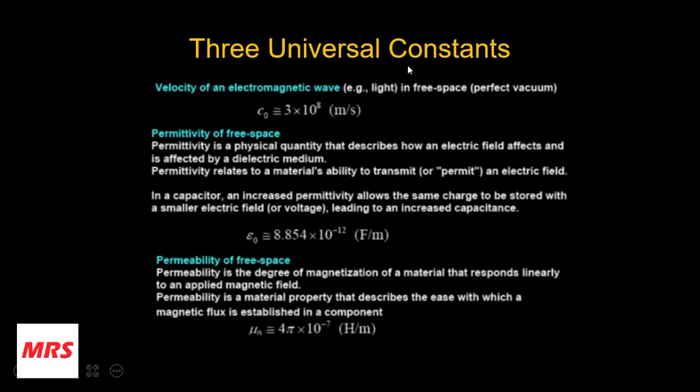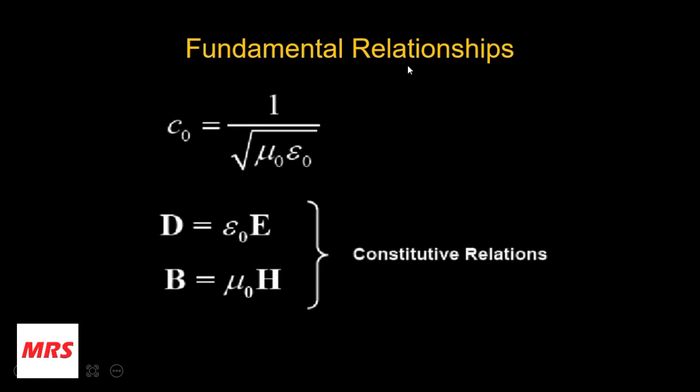And permeability value mu naught equals 4 pi into 10 power minus 7 Henry per meter. What are the relationships between fundamental quantities? C naught is equal to 1 by square root of mu naught into epsilon naught, where D is equal to epsilon naught into E, B equals mu naught into H.